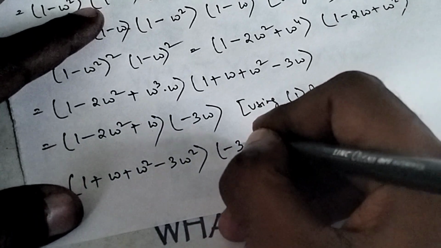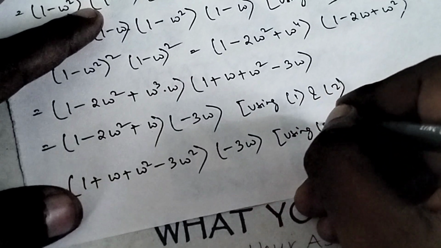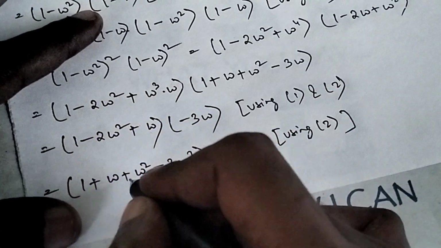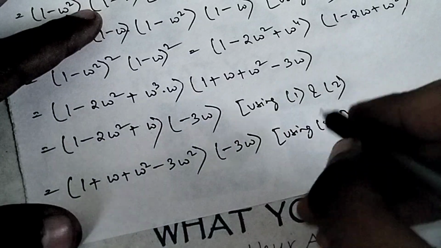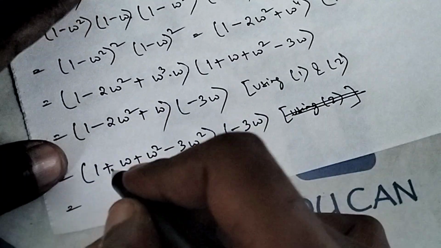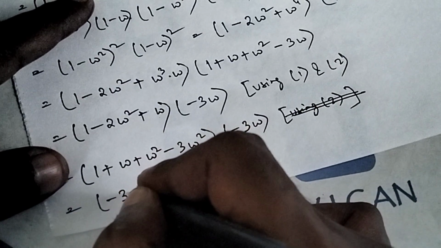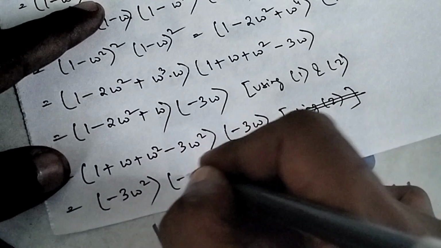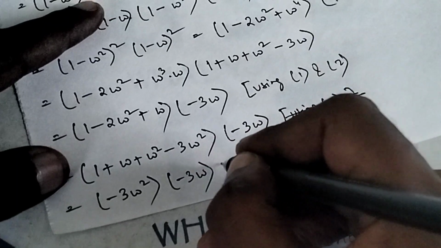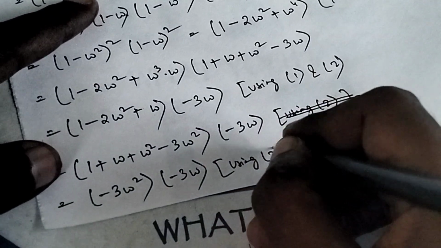Then minus 3 omega. Again we have to write using 2. We got this value. Next step we will get. So 0 minus 3 omega square, that is minus 3 omega square into minus 3 omega. How did we get this? Using equation 2.